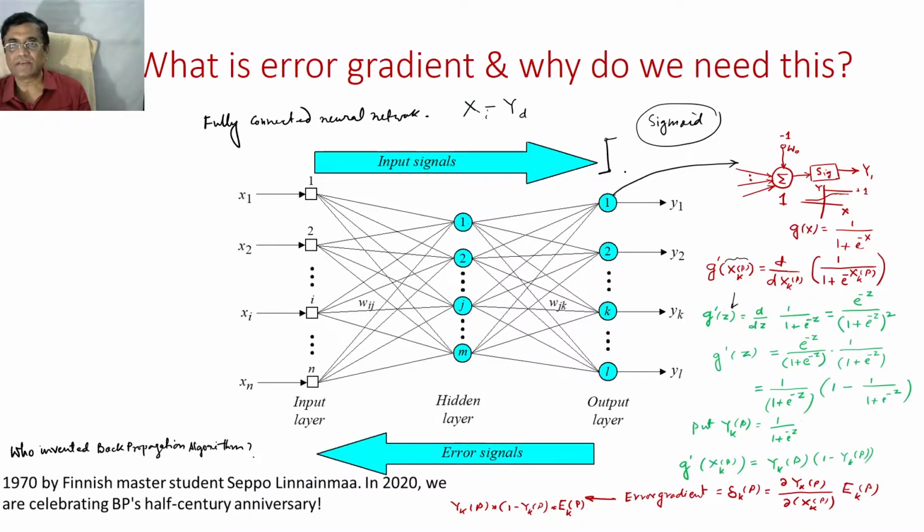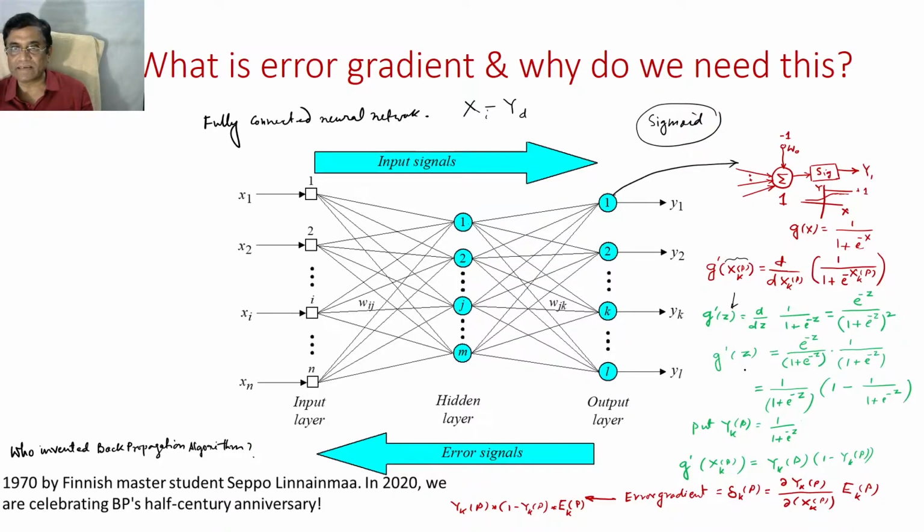Here we are giving the example of the sigmoid function. So this neuron is nothing but your logistic regression unit, which you have already studied, and I can differentiate this.